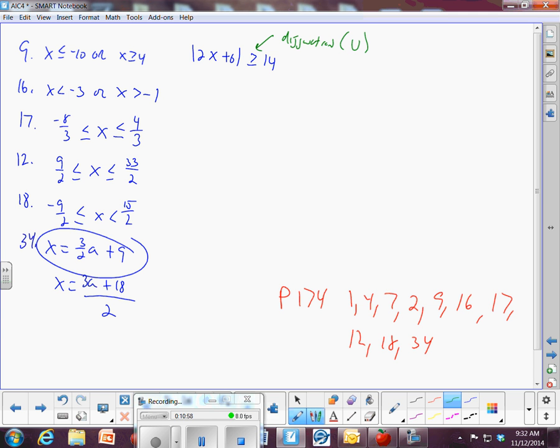So I've got to understand that. I now do my two solutions, remove the absolute value, and solve. So I'm going to isolate the variable. Is that an 8? Yeah, it's 8. And I can divide both sides by 2. And I end up with x greater than or equal to 4. There's one part of the solution.